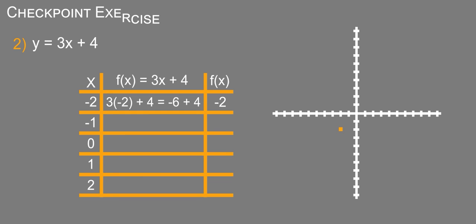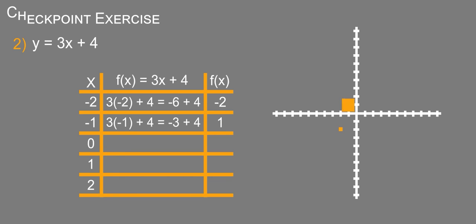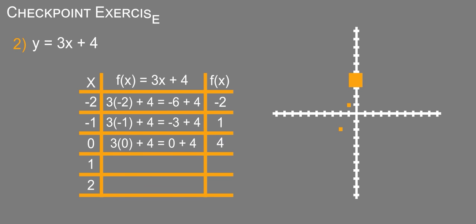When x equals negative 1, 3 times negative 1 plus 4 equals negative 3 plus 4, which equals 1. So we'll plot the point negative 1, 1. When x equals 0, 3 times 0 plus 4 equals 0 plus 4, which equals 4. So we'll plot the point 0, 4.